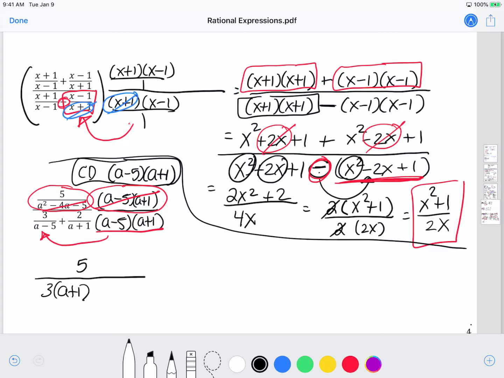Okay, now when I multiply by the second mini fraction, I can cross off the a plus 1's because there's a plus 1 in the denominator of the mini fraction and then an a plus 1 up here, and I can cross those off, and what I'm left with is the a minus 5 times the 2.